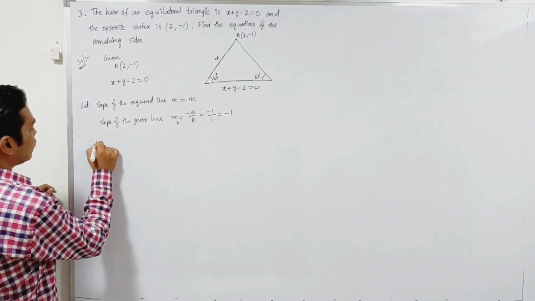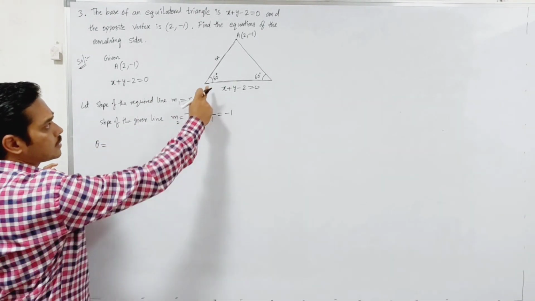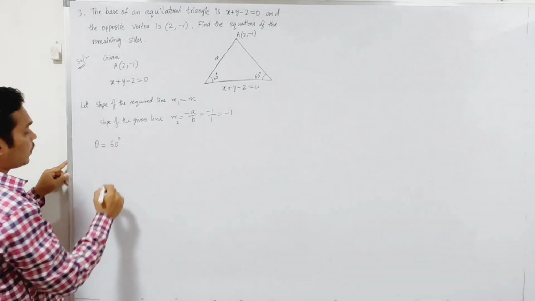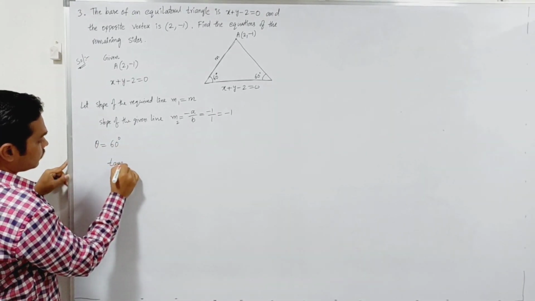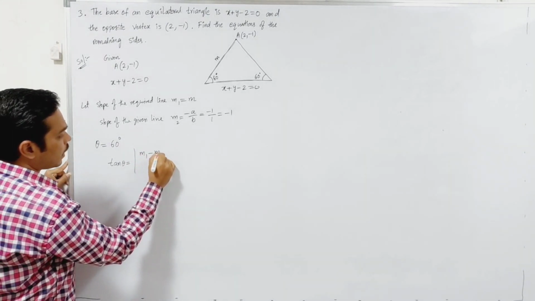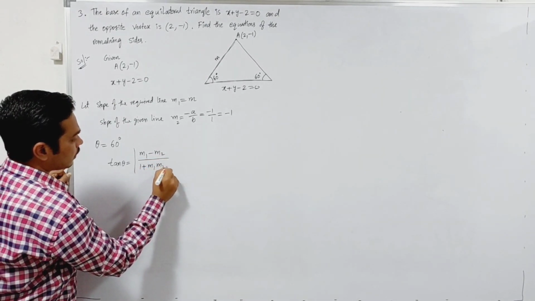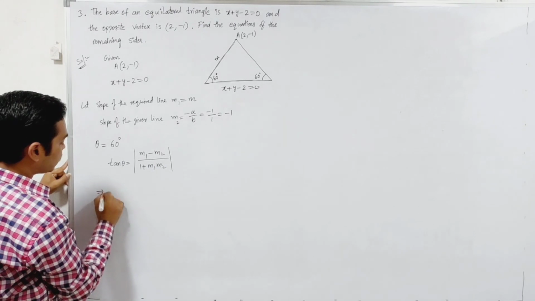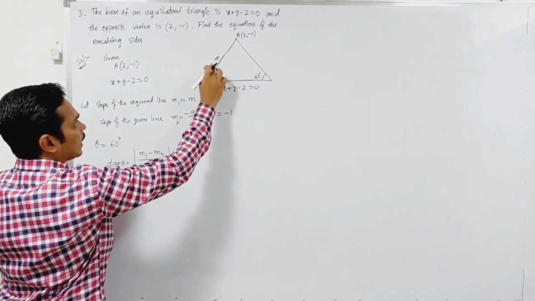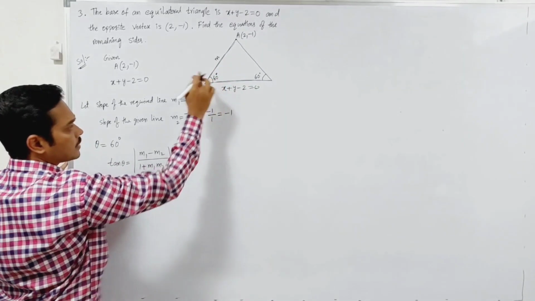Already the triangle is an equilateral triangle. In an equilateral triangle, the angle is 60 degrees. Therefore theta is 60 degrees. Apply the tan theta formula: tan theta = modulus of (m1 - m2) / (1 + m1 m2). In the place of theta, replace 60 degrees. The angle between the required and given line is 60 degrees.